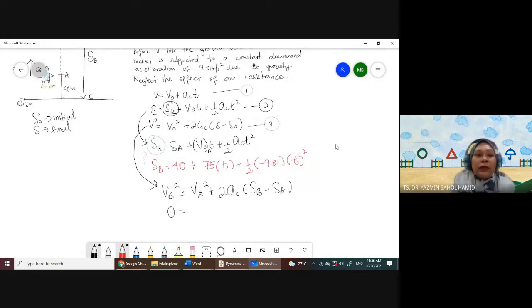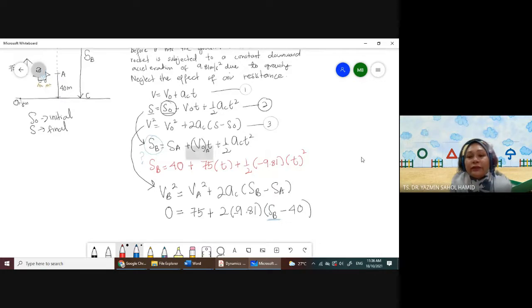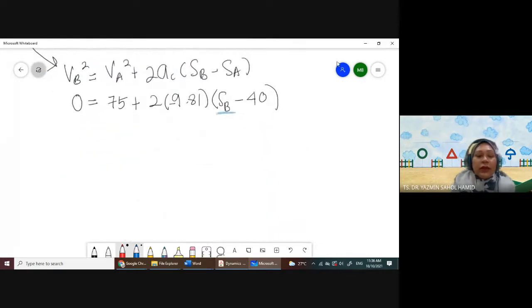And what is the velocity at A? It is 75 squared plus 2 times 9.81. Don't forget the negative. What is SB? It is something we want to find. And what is SA? 40. As you can see in formula number 3, you are left with only one unknown, right? So can you please try to solve and find me what is SB?